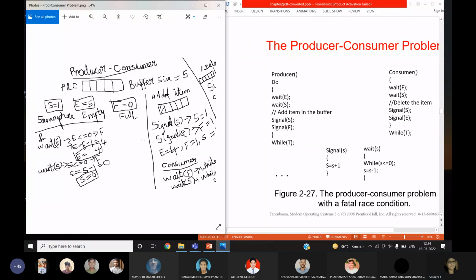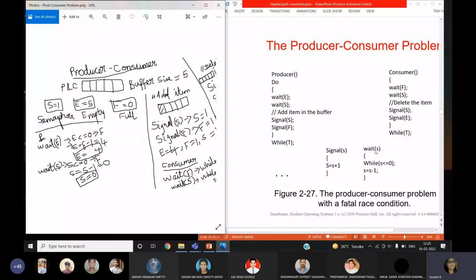Now assume that this is the algorithm. The producer starts to execute the algorithm. He has to execute wait of E. Always remember, wait will check the semaphore value and decrement the semaphore value by 1. Everywhere wait will do only this.